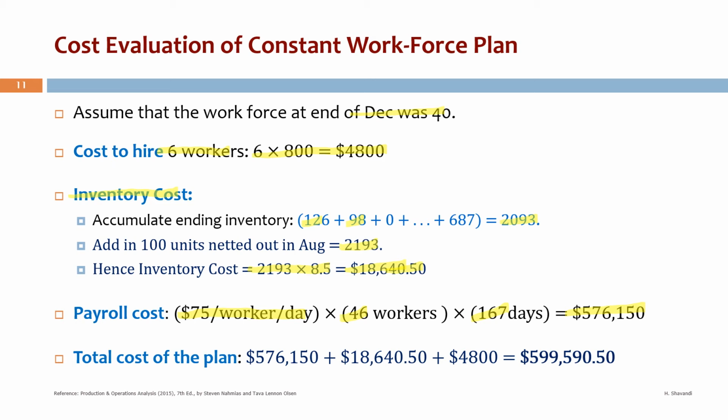Now if we add up all these costs, at the end we will have this number, 599,590.5. This will be the total cost of having a constant level of workforce plan.